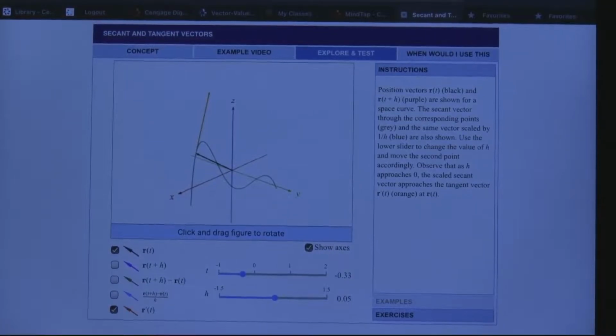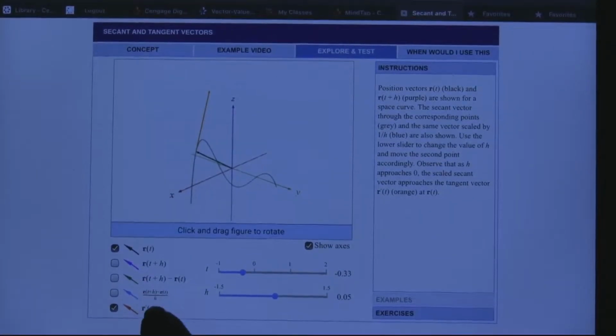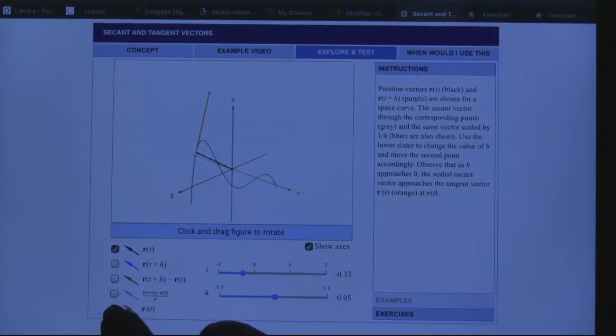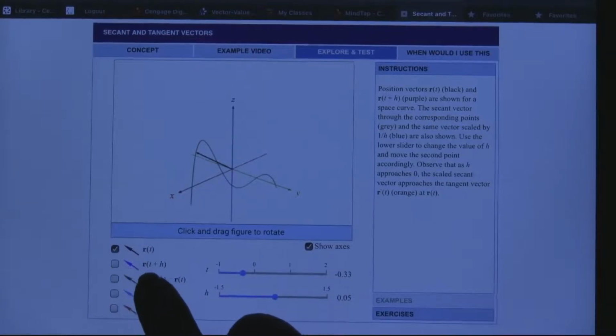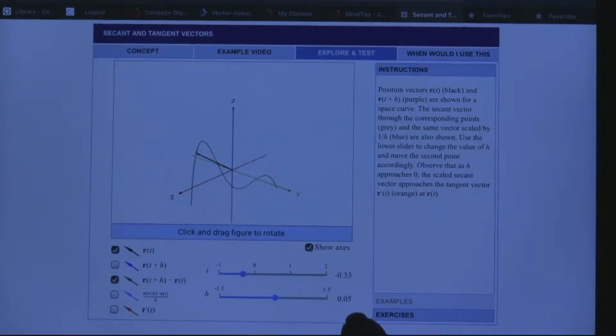It's coming on there in red. And you can look at different things, like what happens when these vectors get closer together. Right now my h is 0.05, so almost 0.